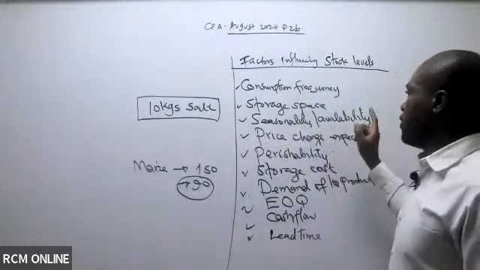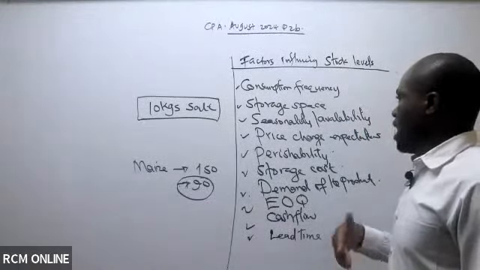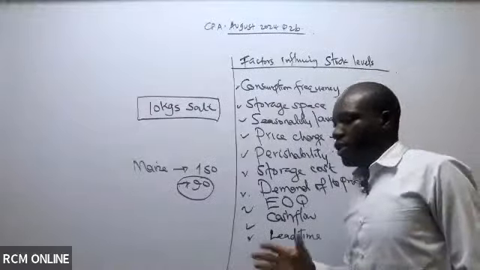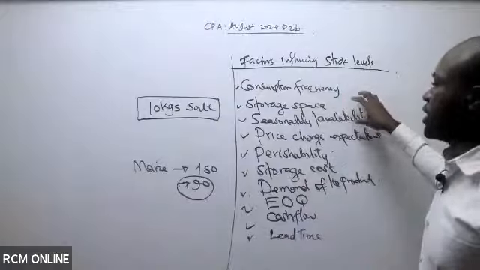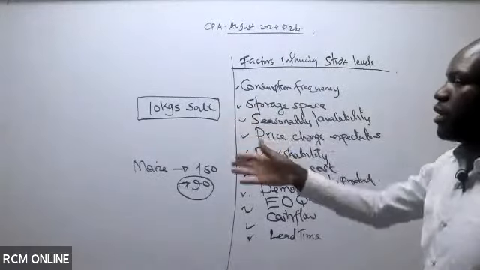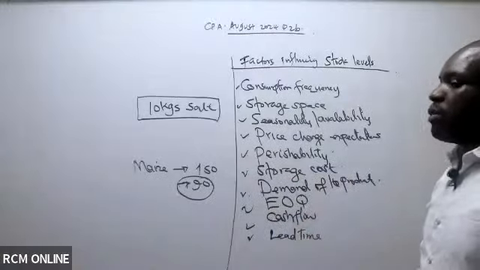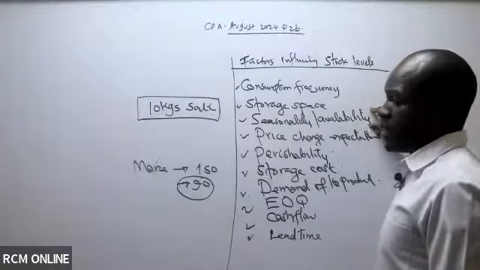Seasonality or availability: some products are normally available in abundance towards the end of the year. So I need to get more of that product at that time, so that when supply is very low, maybe in April, I will still be able to continue with my production or sales.